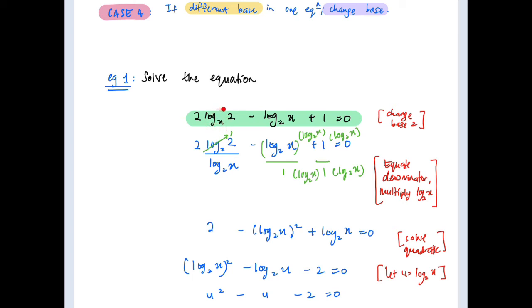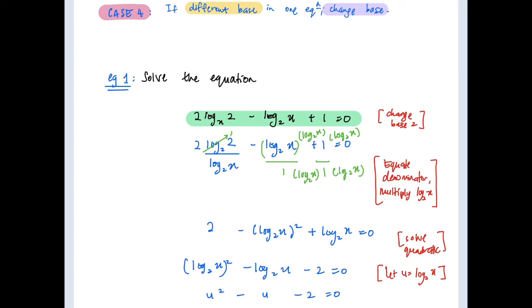Let's change log base x of 2 to log base 2: take log base 2 of your argument 2 over log base 2 of your old base x. Write all of the other terms equal to 0. Now log base 2 of 2 is 1.